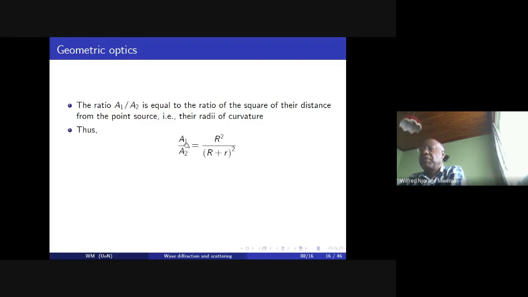So we can simply write that ratio as the position of A1 from the primary source over the position of A2 from the primary source, all squared. And therefore, we can get the modulus of E2 relative to E1, given by the ratio of those radii themselves.